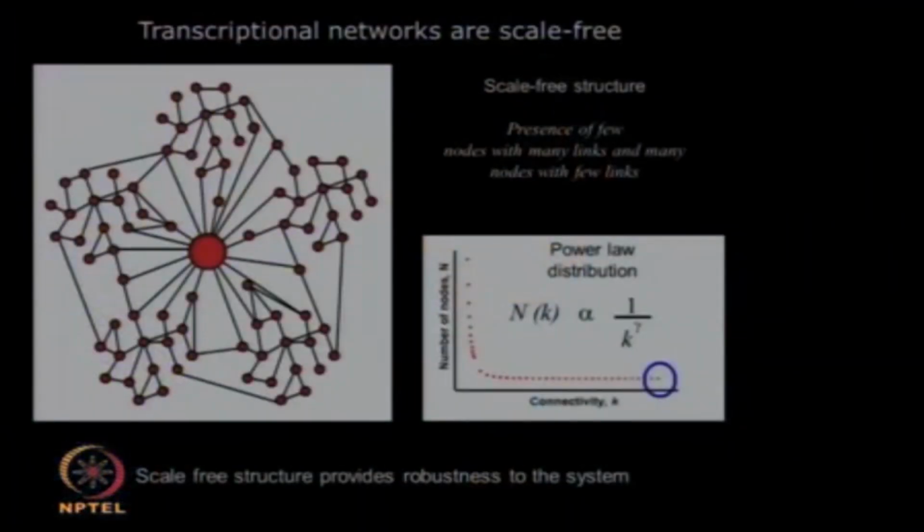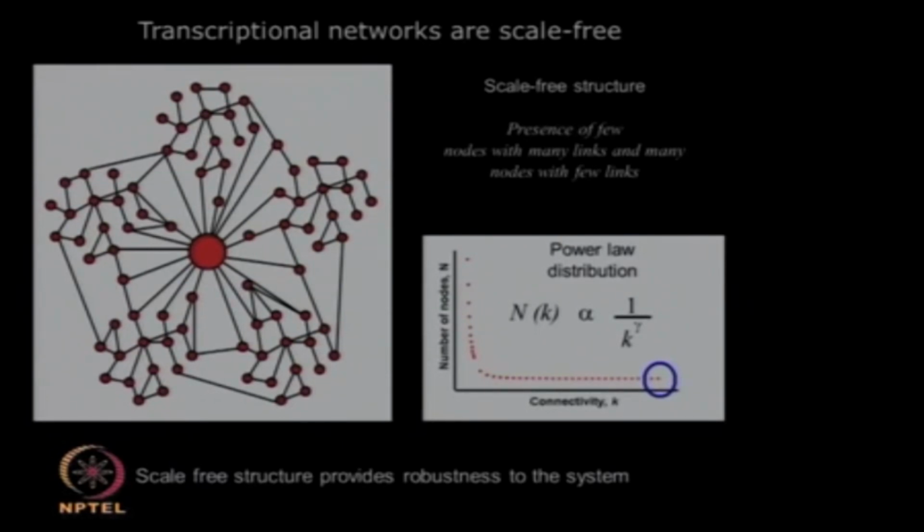Another property that is of great interest in understanding biological networks is scale-free structure. A lot of biological networks are documented and shown to be scale-free, and transcriptional networks are also documented to be scale-free structures. So, what exactly are scale-free networks? Scale-free networks correspond to the structure of a network where there are few nodes which are highly connected.